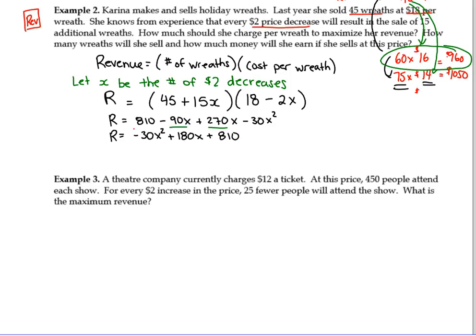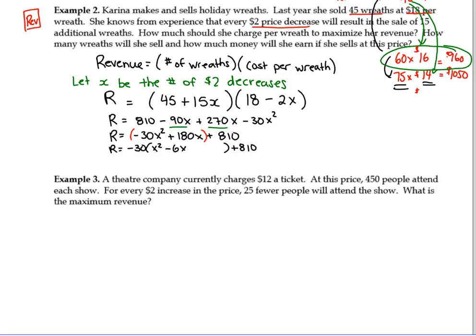No. The first two. Yeah, the first two. So we want to factor out the negative 30 from the first two, which gives you x squared. When you take negative 30 out of positive 180, what happens to the sign? Negative. Negative 6x. Okay, let's leave some room so we can complete the square right now.